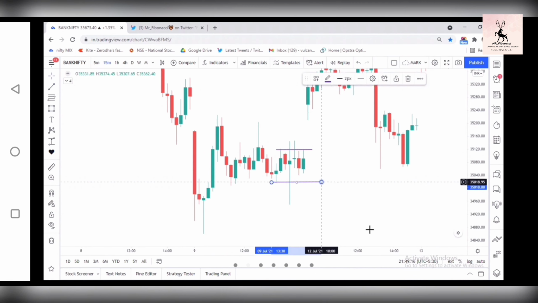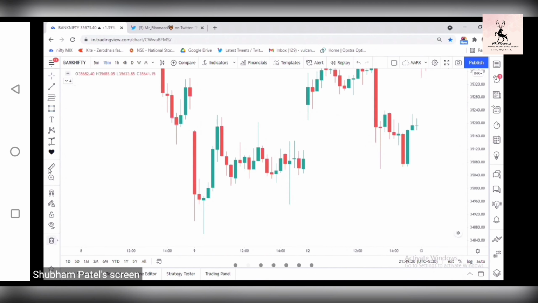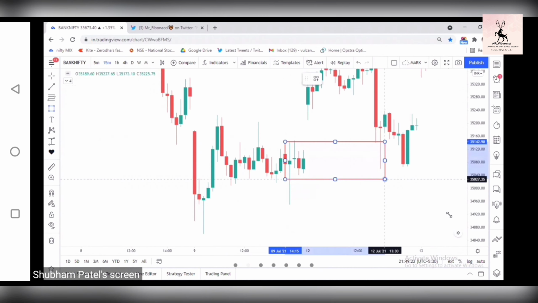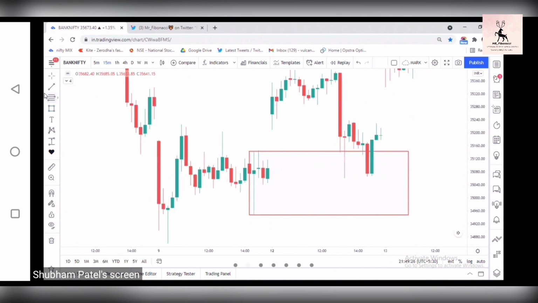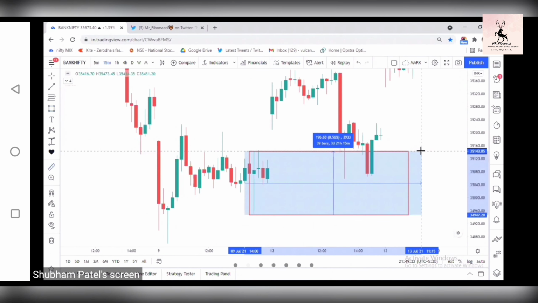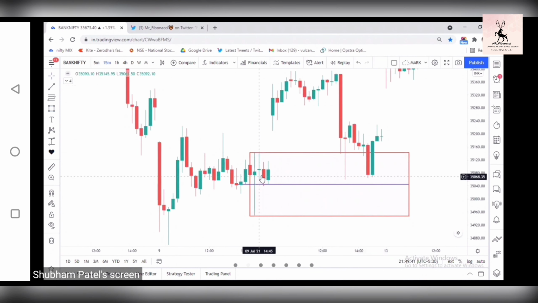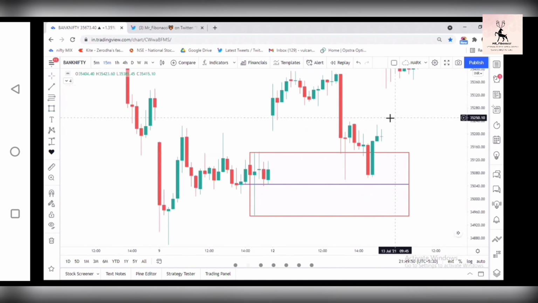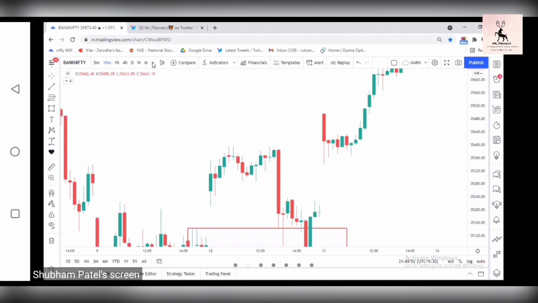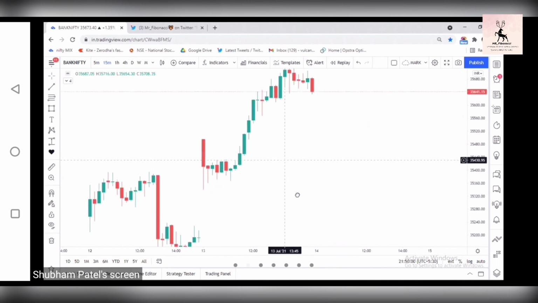So what we will do next is draw a box around this candle and break it down by two by measuring with the scale. This middle line is my equilibrium line, and see how the market goes away from the equilibrium. This is my true direction after the equilibrium. See how the market goes away from that point.